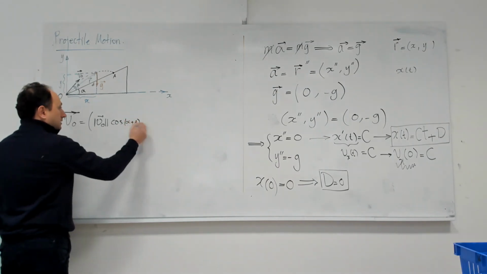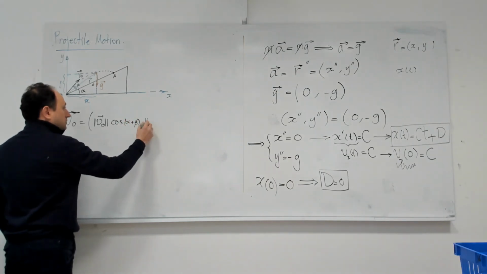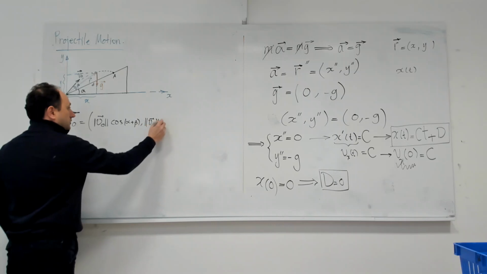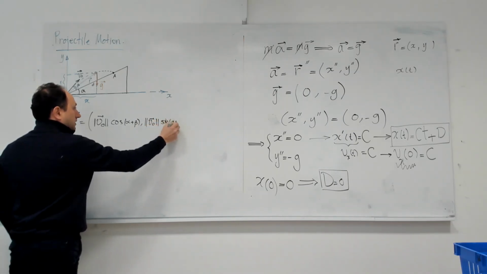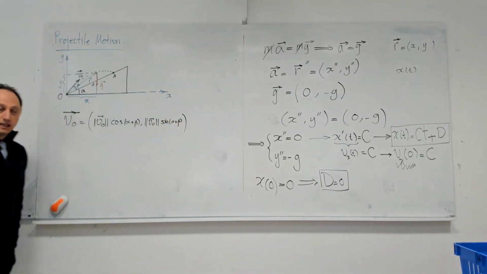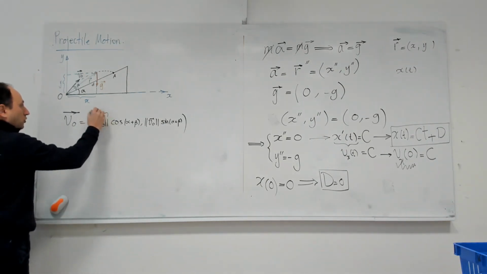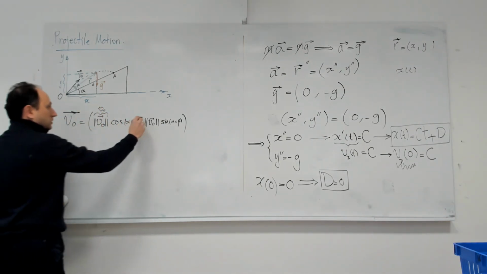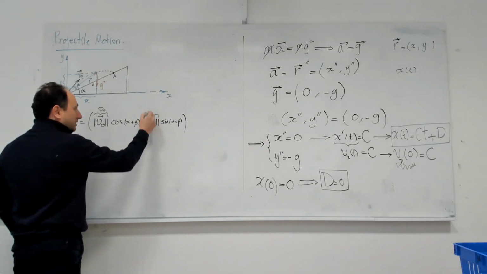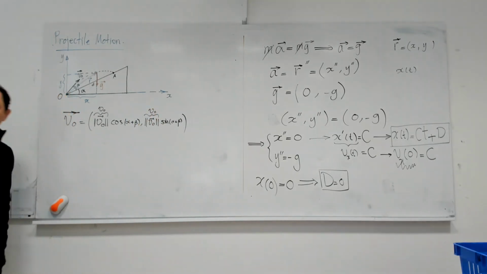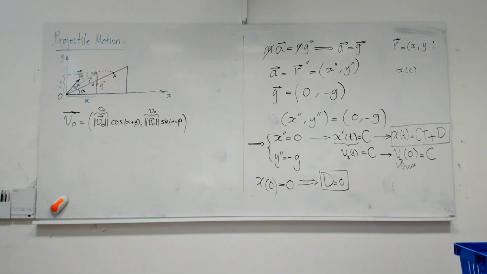And then what is the y one? V0, the norm of this vector, times sine of alpha plus beta, yes? And if you don't mind, from now on, let me just write only V0 for the speed, okay? Speed is the magnitude of the velocity. Let me show it simply as V0, yes? So this becomes my V0.